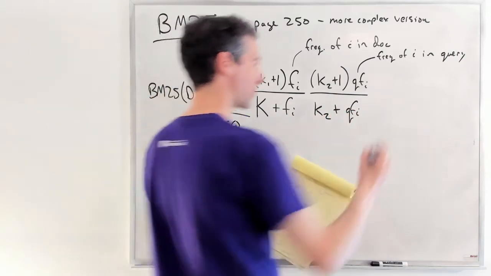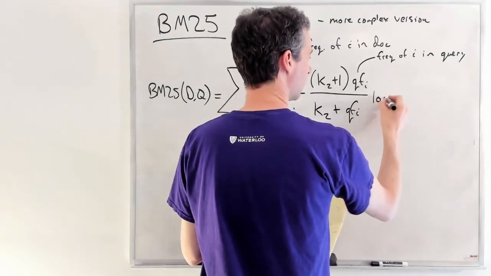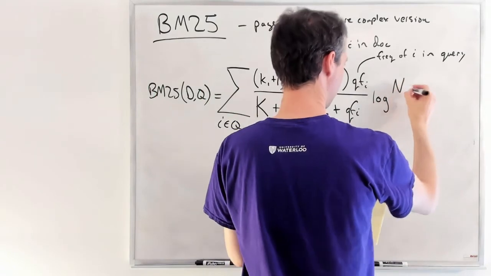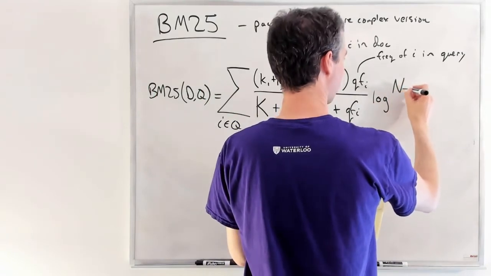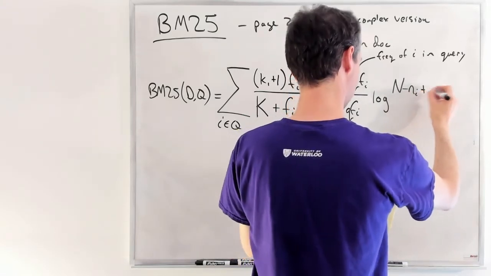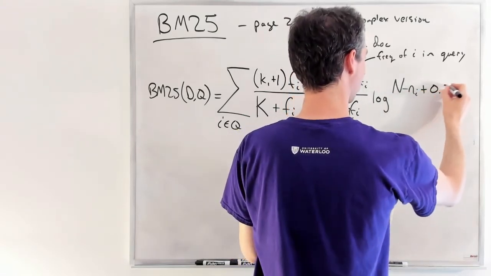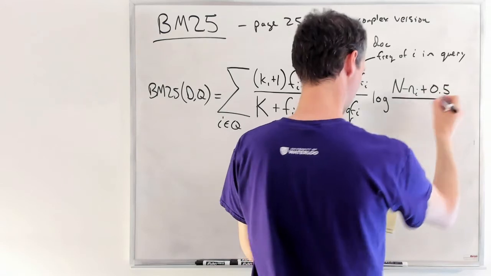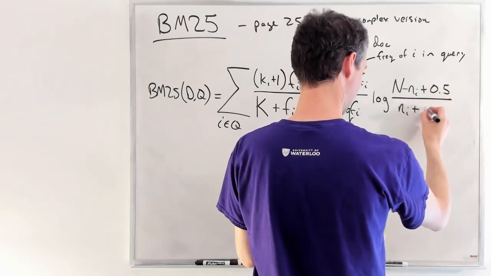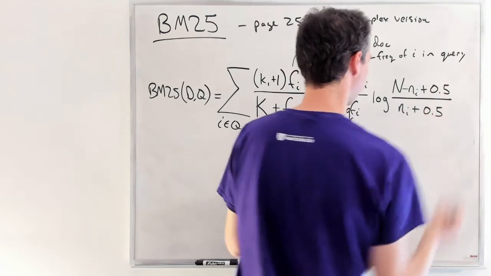All right, now we're going to take the log of this at the end, which is N minus n sub i plus 0.5, all over n sub i plus 0.5.